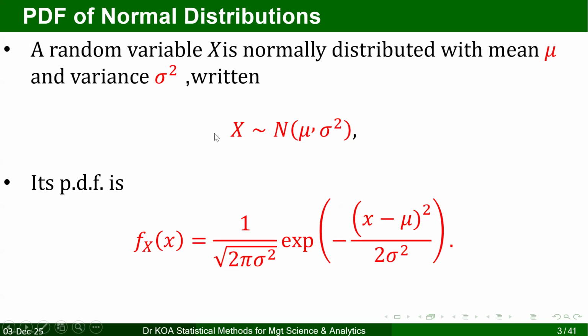Now, that means that we need to know the probability density function for x, that random variable. The probability density function is given by this information that you are seeing here. It has things like pi, the variance, the exponentiation, the mean, and of course, from the variance, you can find the standard deviation.